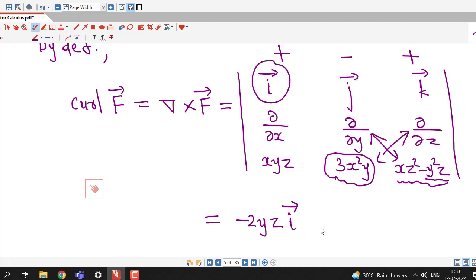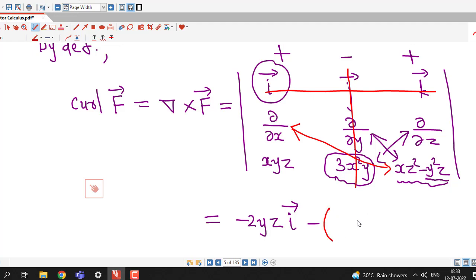Then we consider this minus j cap into determinant of this quantity. With j we will have partial derivative of x z square minus y square z with respect to x.